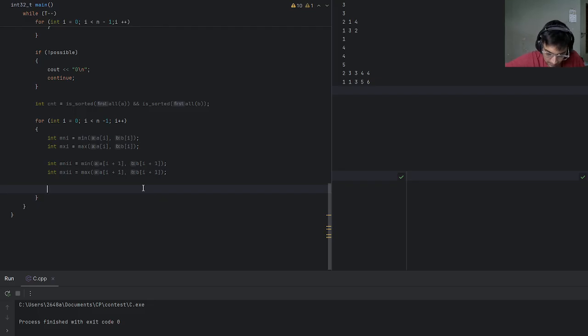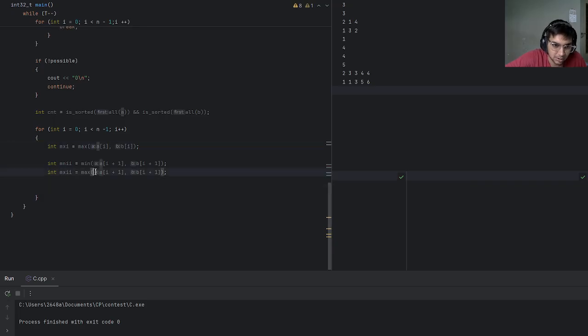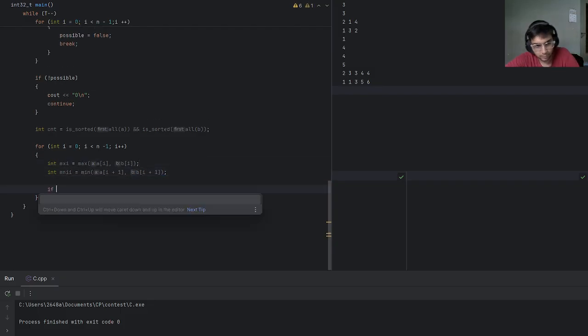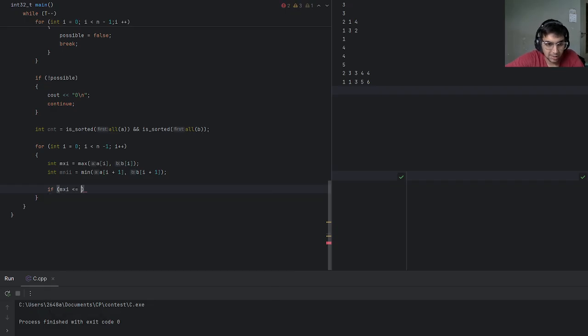So basically, actually we just need the max. We just need the max here and we just need the minimum. So if max I is less than or equal to min I, then it doesn't matter. So count is equal to 1.